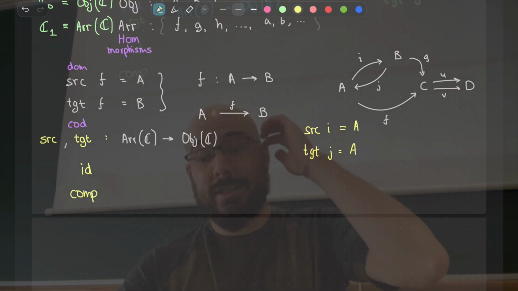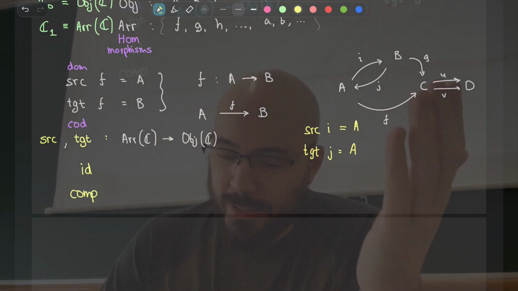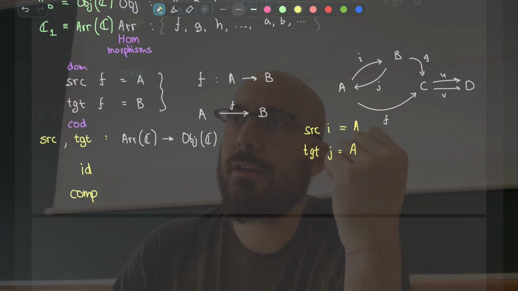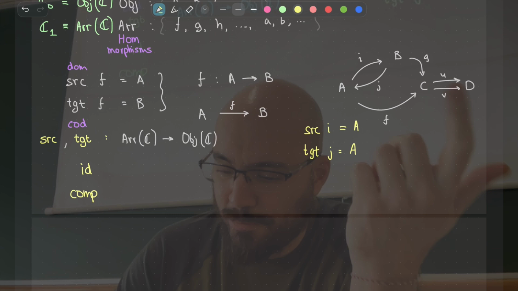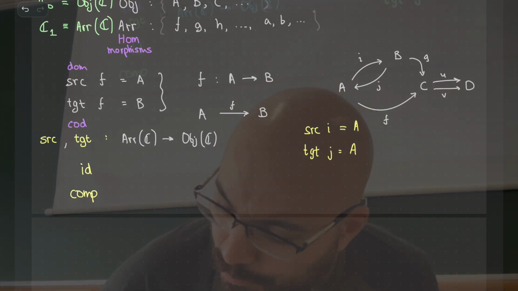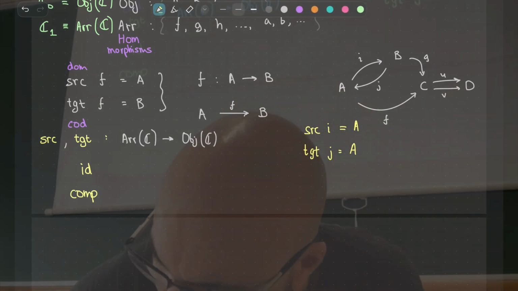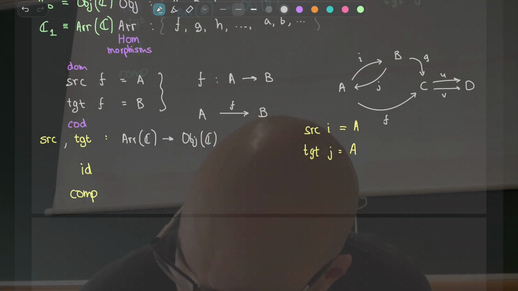First, about identity. The category has the obligation, for each object I choose, to tell me... I will draw some new arrows.